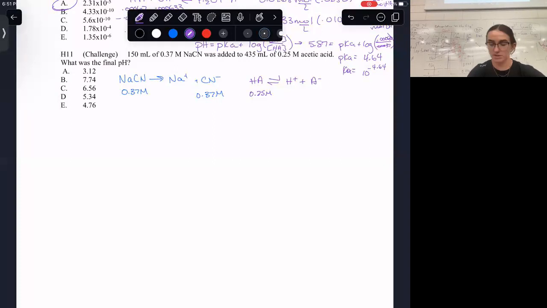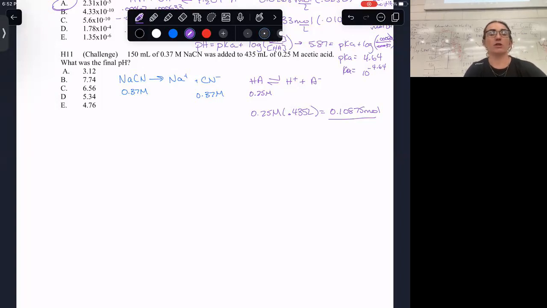So the first thing we want to do is say we have 0.25 molar of your weak acid. We have 0.435 liters of this, and this gives us 0.10875 moles. To get back to that concentration in order to solve for Ka, we have to divide by our total volume.